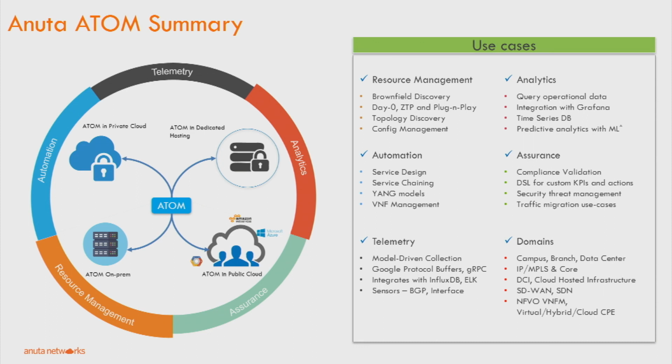Okay, so in summary, this is what Anuta Atom delivers: automation, assurance, telemetry-based analytics, and resource management. It is a highly scalable microservices architecture that delivers a single pane of glass for cross-domain networking and gives deployment flexibility.